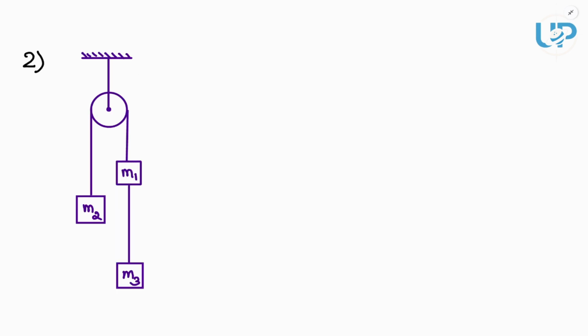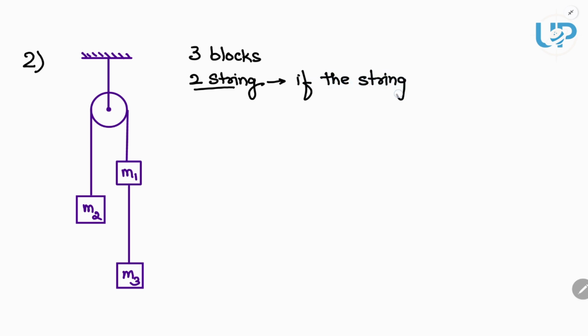This is the second problem we are going to discuss here, beta. Here we can see that there are three blocks and two strings. So the second thing you have to remember is that if the string is different, tension will be different.